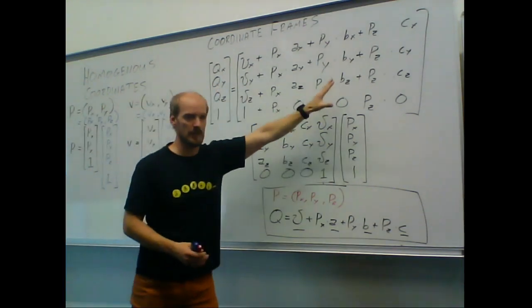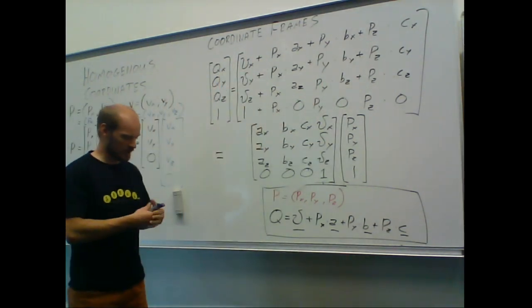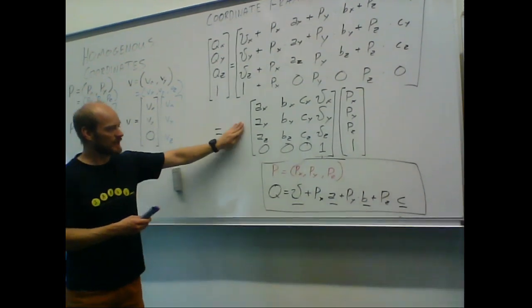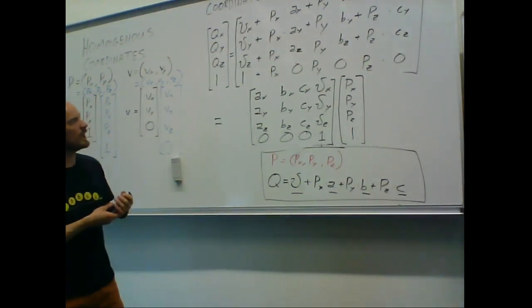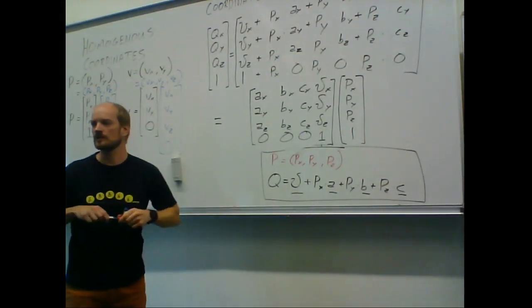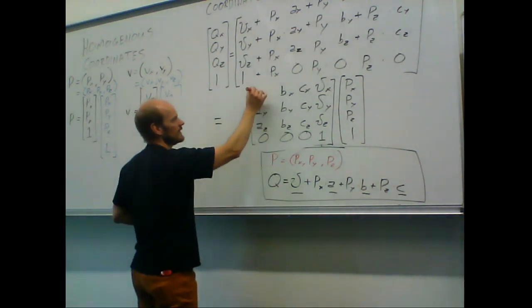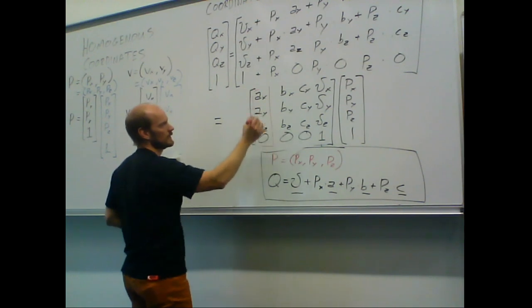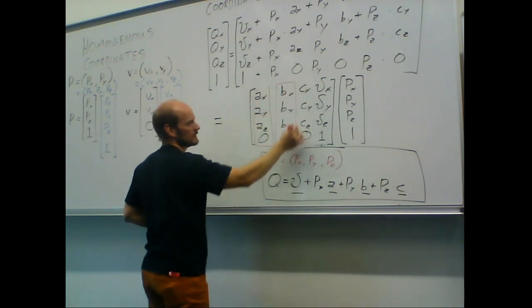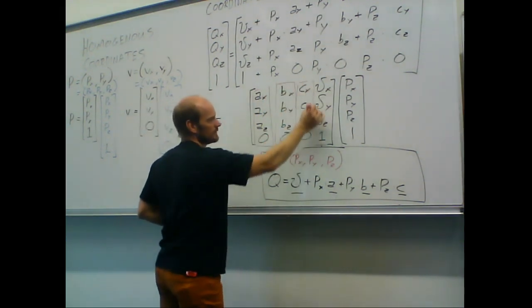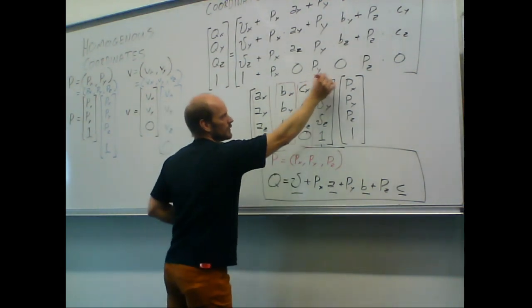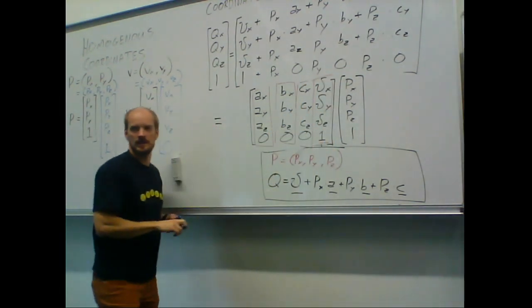This may be a slightly complex way to get to this matrix, so let's dissect the matrix itself a little bit. What have we got from our original arbitrary coordinate frame? We've got the vector A, the vector B, the vector C, and the point of origin.